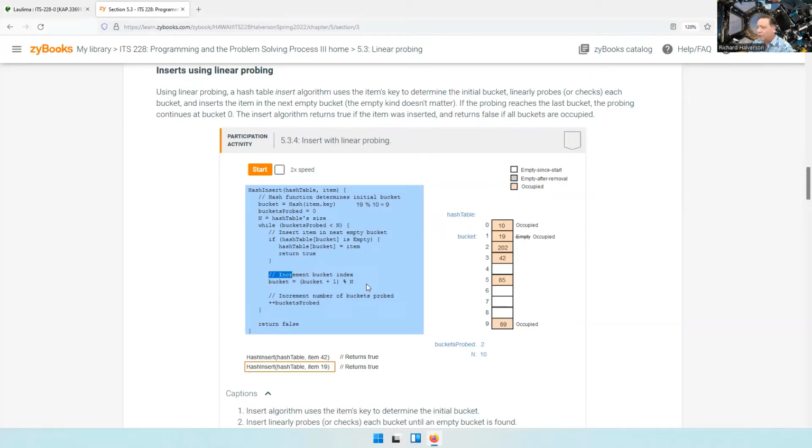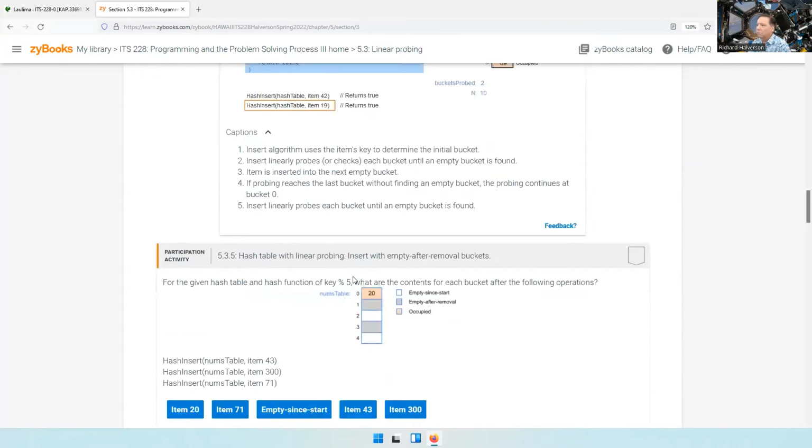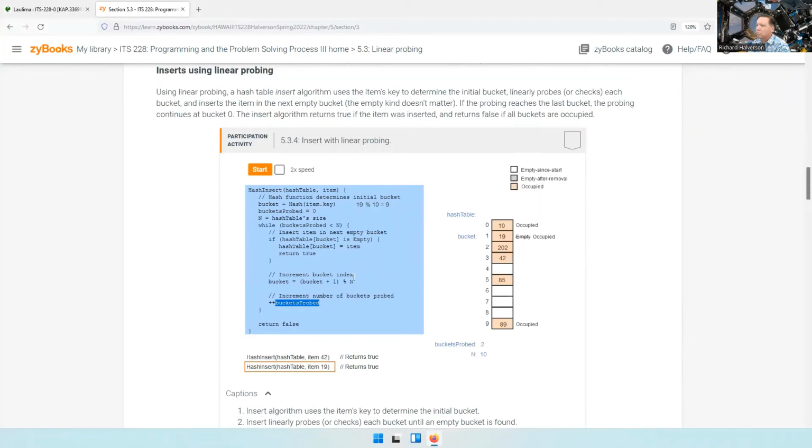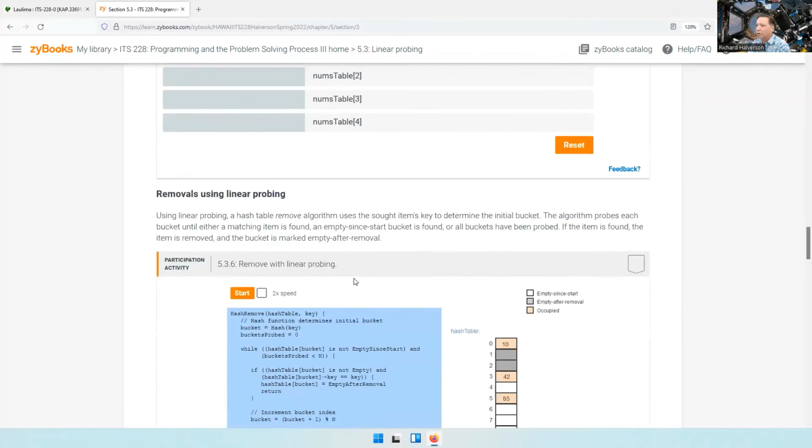Otherwise, if you make it down to here, it means the bucket was not empty. So we increment the bucket index by 1 mod n, that's mod the size of the hash table, and then we go back and try again. We see if that's empty, and we keep doing that until we find one that's empty, and we keep track of how many we've probed. So anyway, that's linear probing.